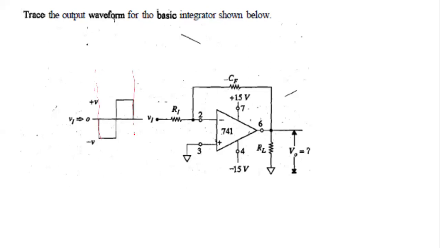So if this is your input signal here, something like this, what you are going to get in the output will be, see, this is a negative constant, so if you remember what we have just discussed, it will result in this straight line like this, and between this interval, it will result in this.